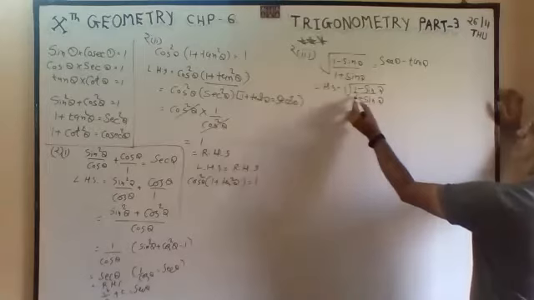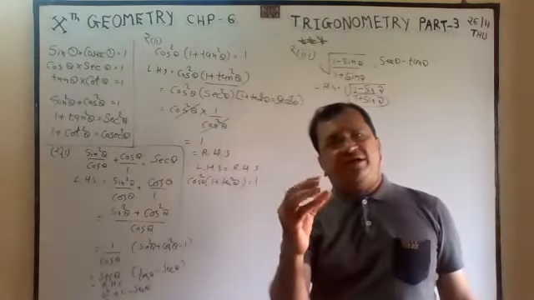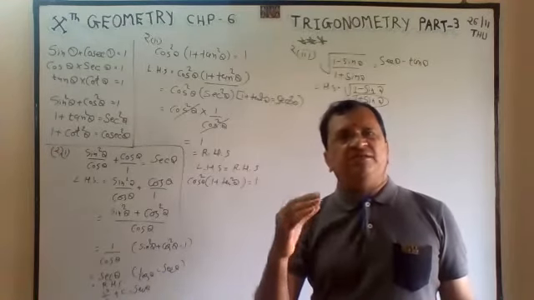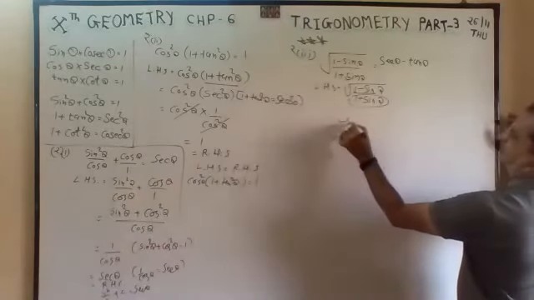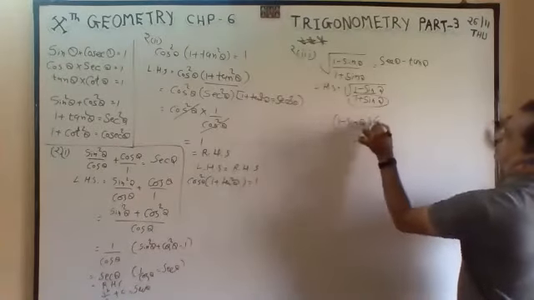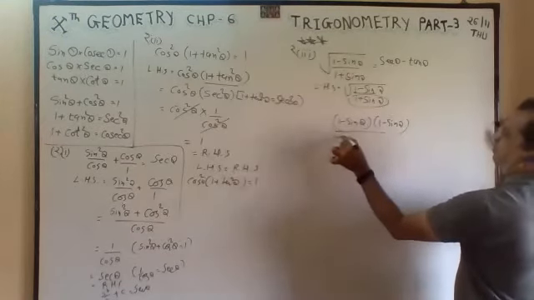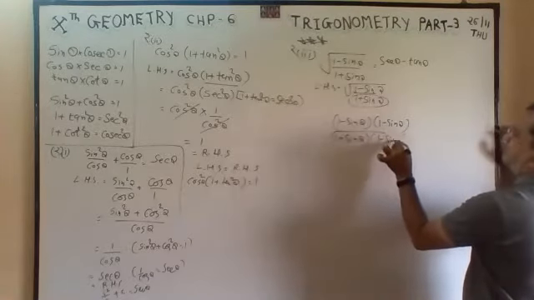So always you have to take the conjugate pair of the denominator. If it is plus, multiply and divide by minus. If it is minus, multiply and divide by plus. So 1 minus sin theta by 1 plus sin theta, multiplied by 1 minus sin theta by 1 minus sin theta.